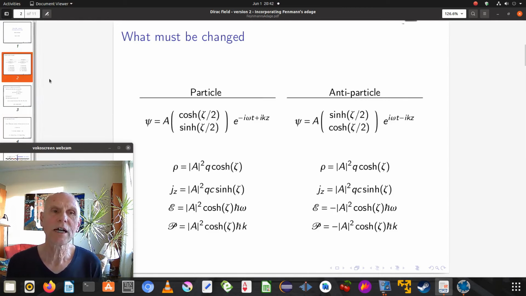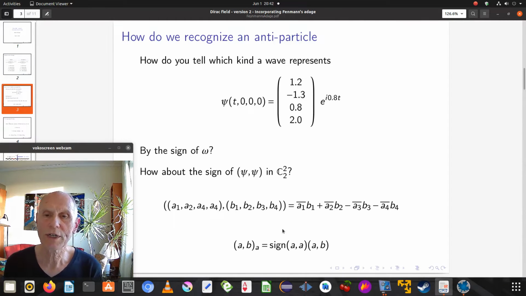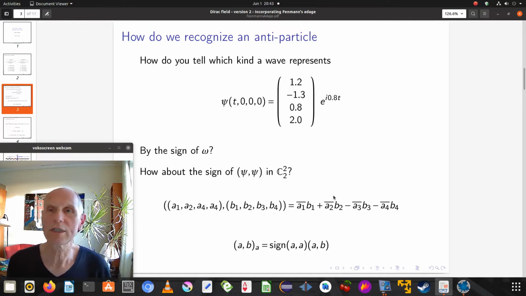We have to change sign on all of these quantities when we are dealing with negative spinors. So one way to do it is to define an alternating scalar product, the A here for alternating, and then multiply the scalar product by the sign of A with itself. Other ways are possible, and you can investigate them at your leisure. This is just what I've done. It felt better.